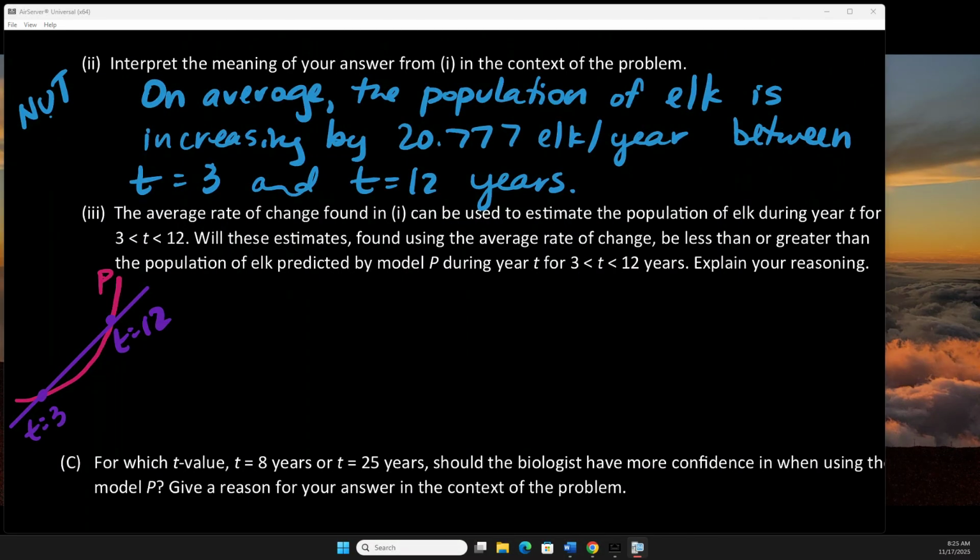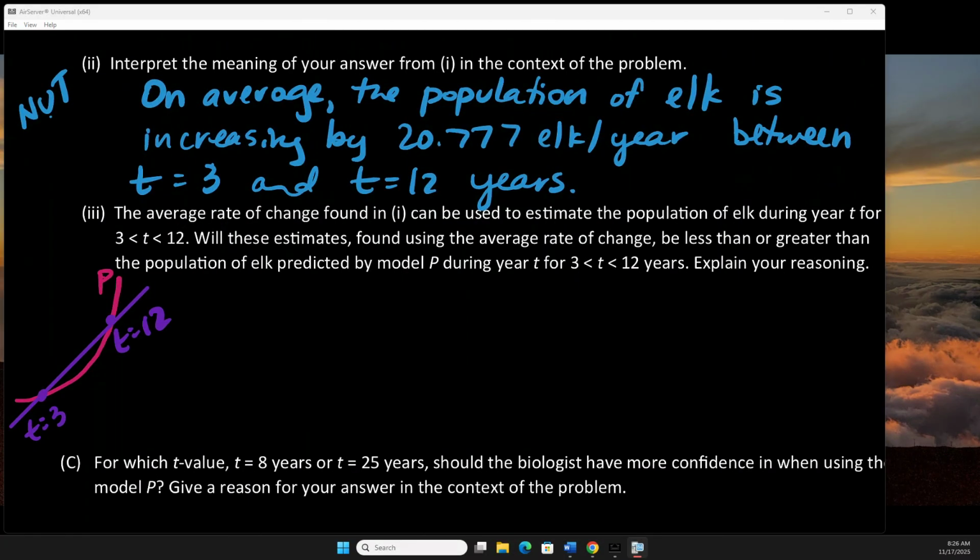And so between T equals 3 and T equals 12, the estimates from the average rate of change are going to be larger than predicted from the model because the secant line is above the model on that section. All right, so in this we have to mention the secant line. We have to mention the concavity of P. And we have to answer the question.